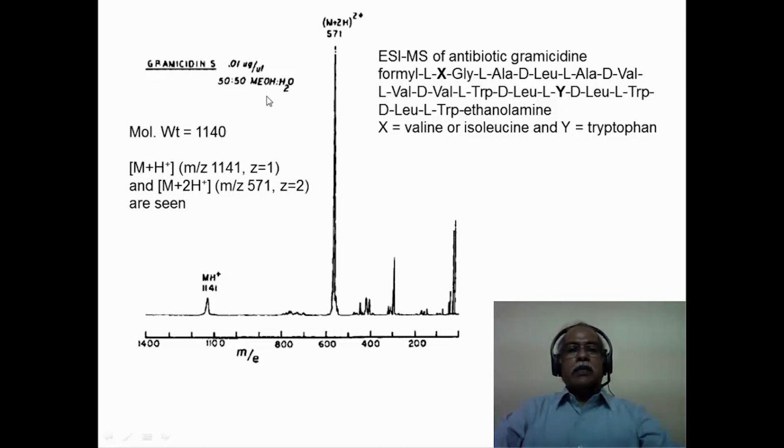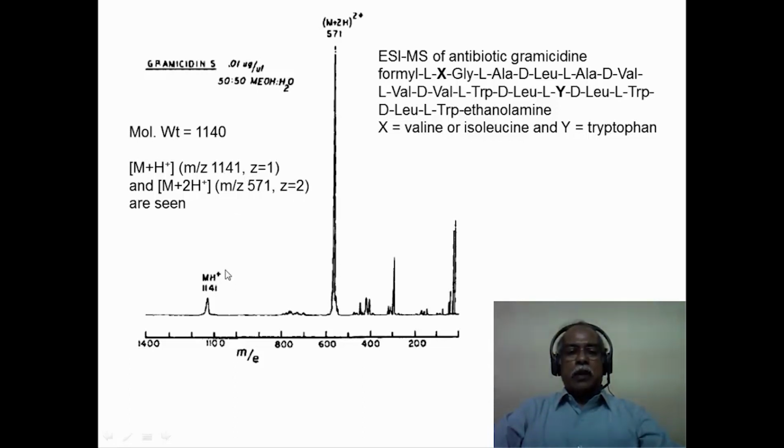So the ESI MS was done using a 50-50 mixture of methanol water mixture, and there are two types of ions that are produced under this condition. One is the molecular weight plus a proton, which corresponds to 1141. Then molecular weight plus two protons, which will be Z is equal to 2, so that would correspond to M by Z value of 571.